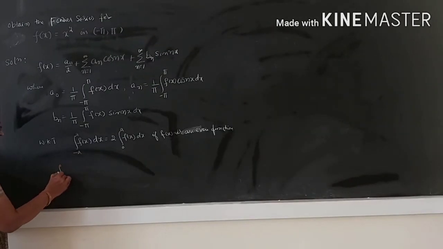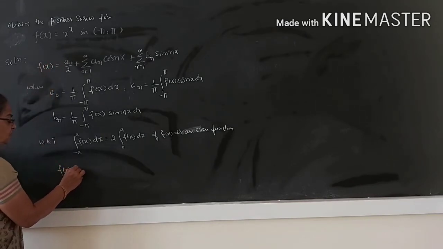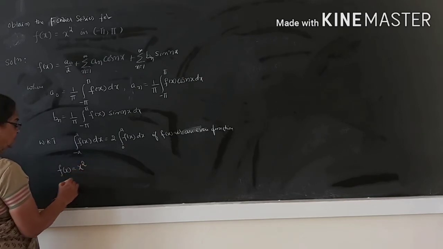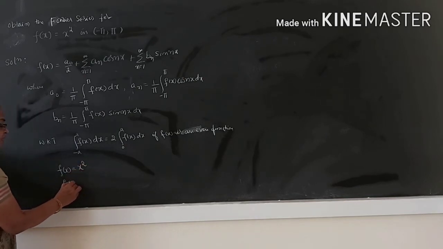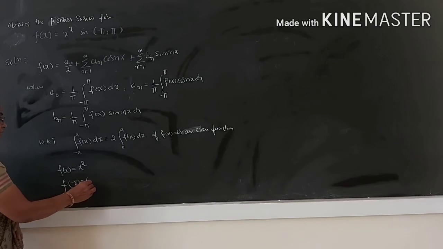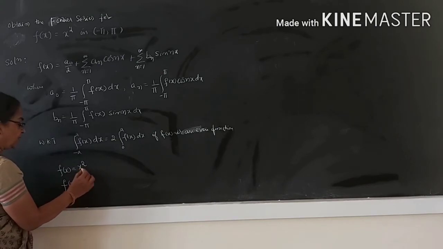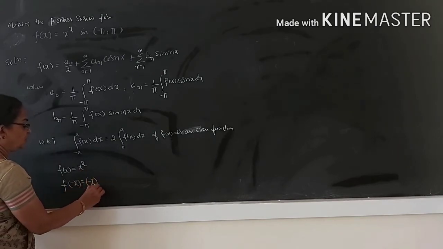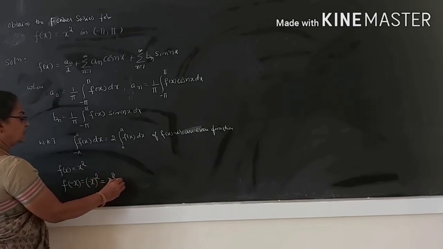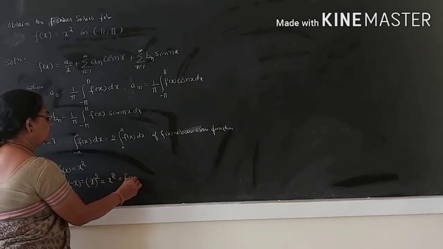Okay. Therefore, I try to check whether this function f of x is equal to x square is even or not. f of x is equal to x square. If I consider f of minus x, that is, if I replace x by minus x, this is going to be (minus x) whole square, which is nothing but x square. x square is nothing but f of x.